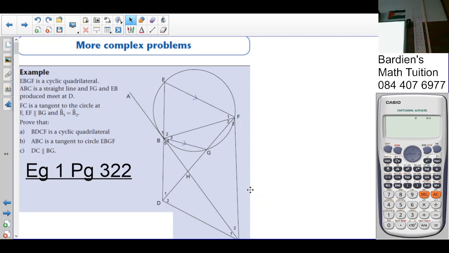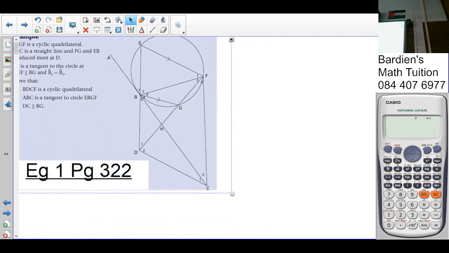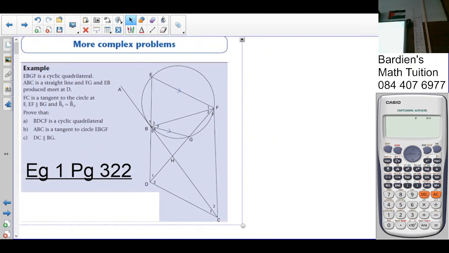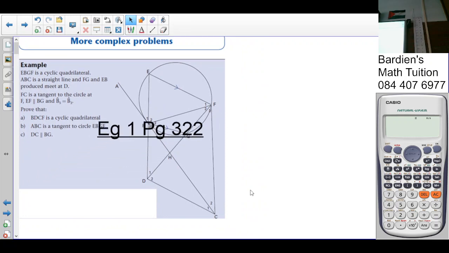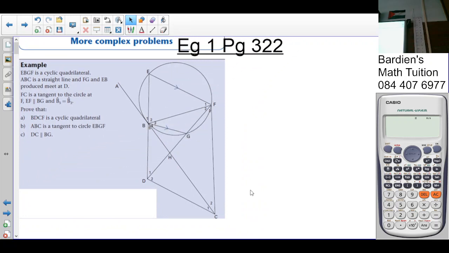Now we are told that E, B, G, F is a cyclic quadrilateral. Just remember all cyclic quadrilateral properties are now evident here. Then we are told that ABC is a straight line and FG and EB produced meet at D. Then we are told that FC is a tangent to the circle at F. So that's a tangent. What do we know? F3 is equal to angle E. Why? Tan chord theorem.